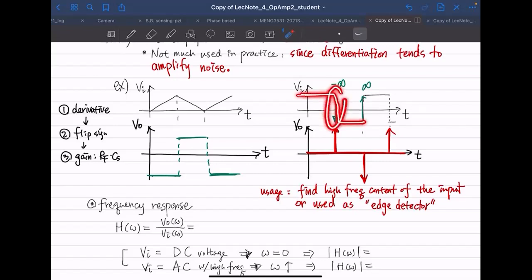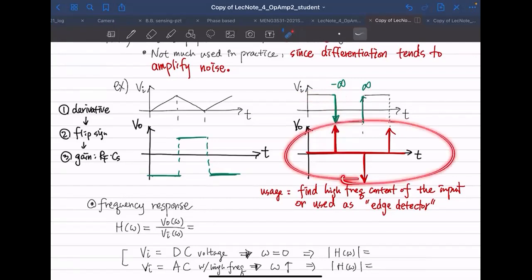So this part can be regarded as an edge of some kind of level, right? This part is detected by that sharp transition or a spike in our output. So by looking at this output, we can tell, oh, something is suddenly changing here, or here. It's like an edge detector, okay?